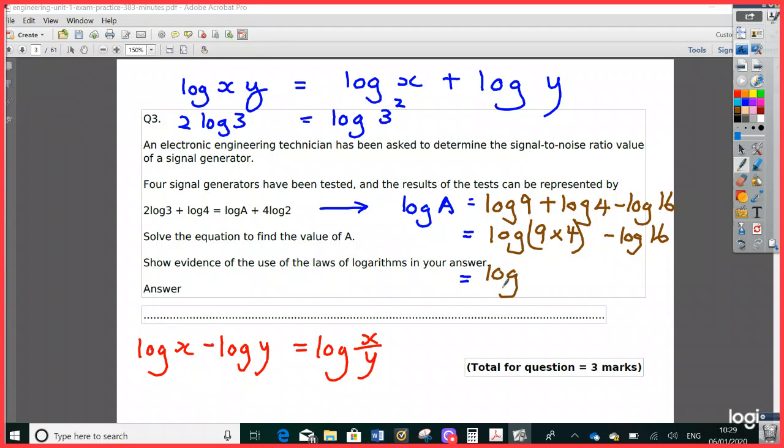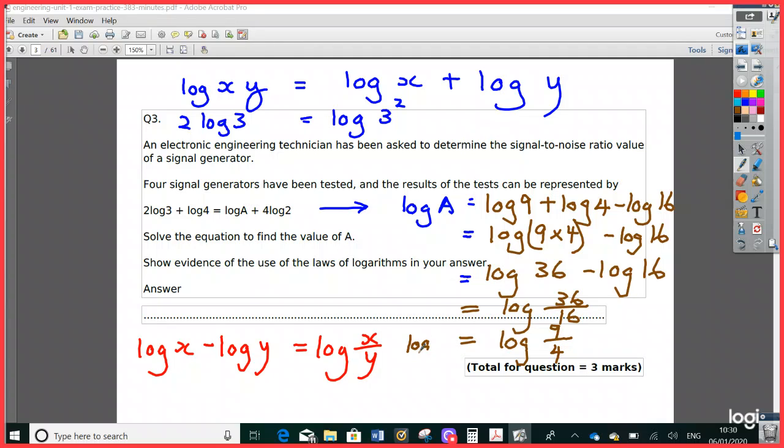So log 36 minus log 16. Then they're minus, so they are dividing. So 36 over 16. What goes into 36 and 16? 2 or a bigger number? 4. So 4 goes into 16 4 times. 4 goes into 36 is 9. So 9 over 4.